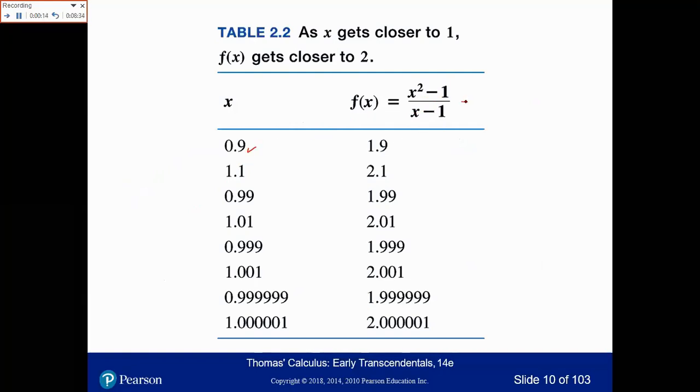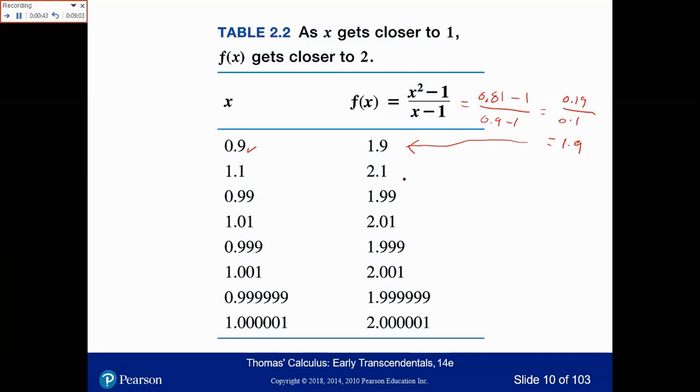This will give me 0.81 minus 1, divided by 0.9 minus 1. From the top I'm going to get 0.19, from the bottom I'm going to get 0.1. 0.19 over 0.1 will give me 1.9.